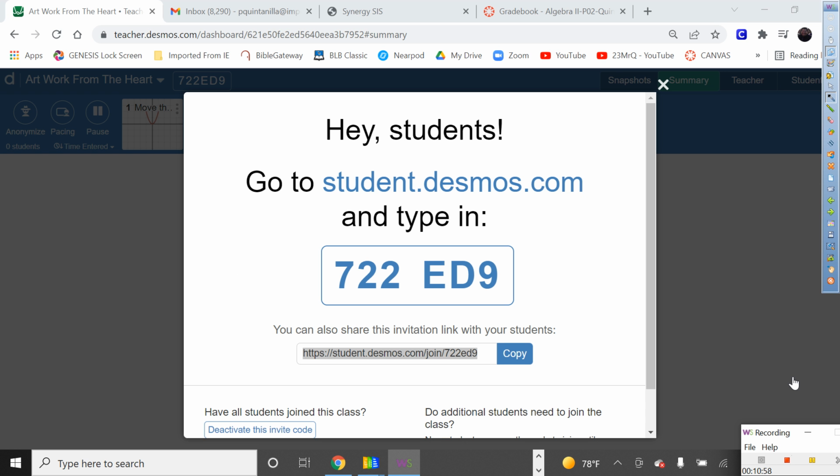All right, so set those sketches on the side. We'll get back to those in a little bit. So get your Chromebooks out, and I want you to go to student.desmos.com and use this code to log in, 722ED9. Student.desmos.com and type in 722ED9.